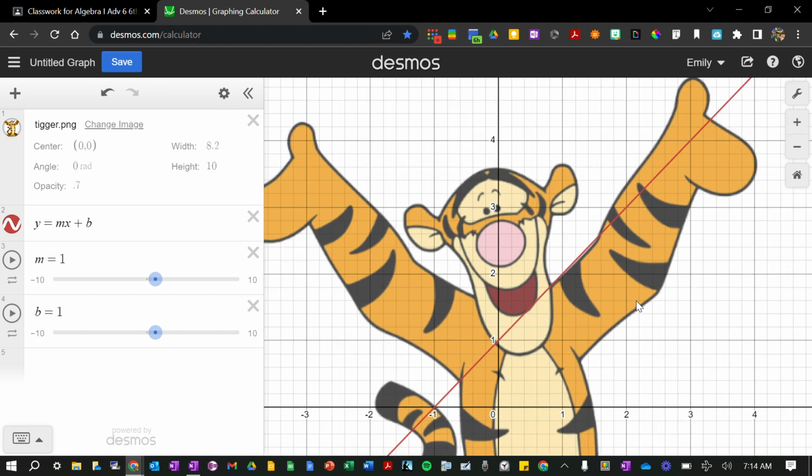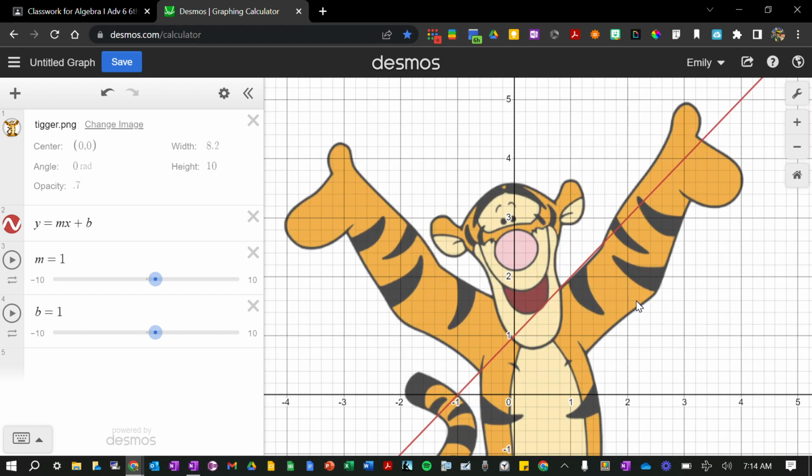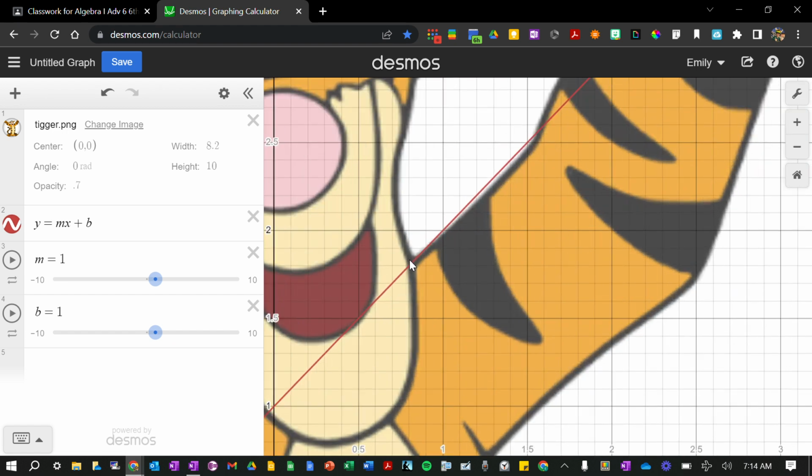As you may notice, this line goes on forever, but I only want it to go from right here to right here. So I'm gonna restrict my domain in Desmos, and here's how you do that. I want it to go from the x value of about 0.83 to about 1.5.